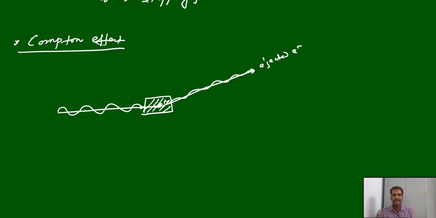and some of the energy in that incident X-ray. Anyhow, X-rays are high energy radiations. So when incident on some objects, they can eject an electron from the object, and the remaining energy can be scattered. It also has some wavelength, and this is the scattered X-ray.